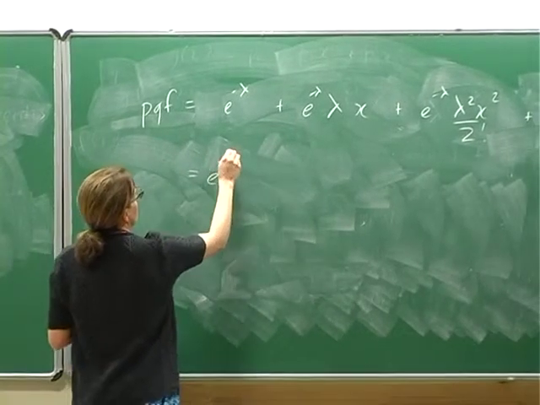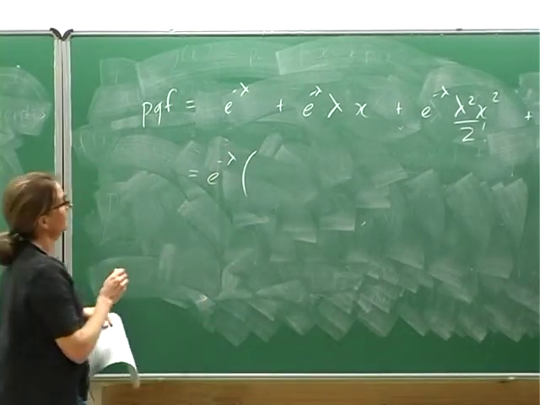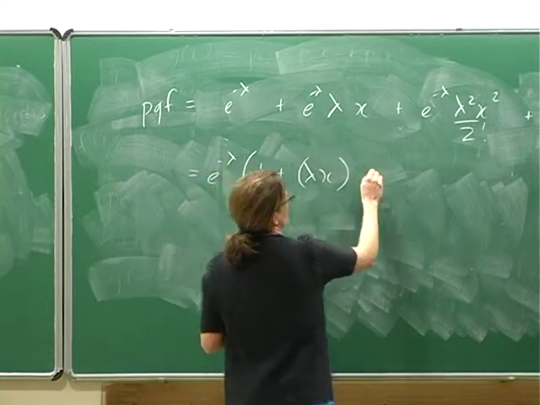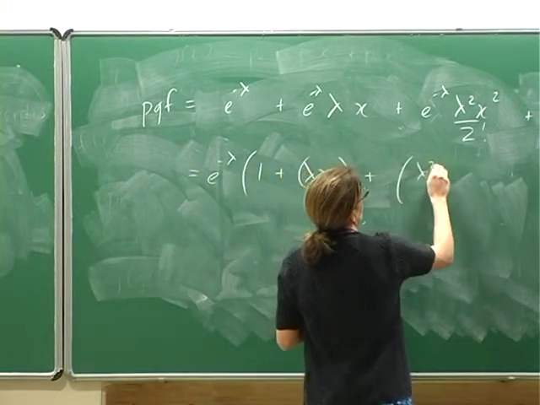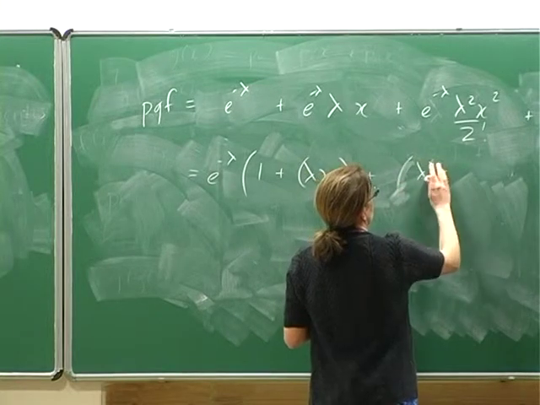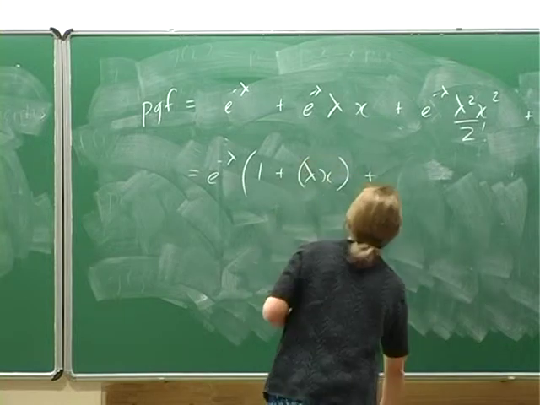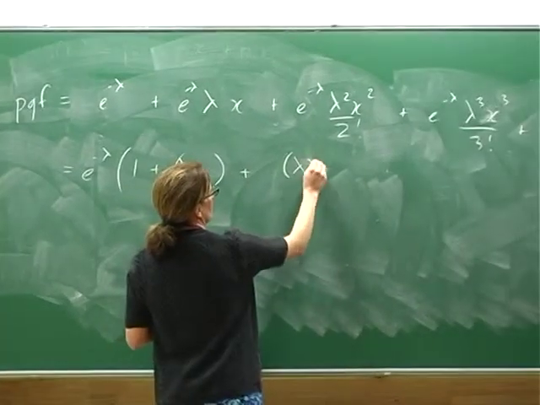If I pull out the e to the minus lambda terms, 1 plus lambda x, plus lambda squared x squared over 2, and so on. It'll be more clear like this.